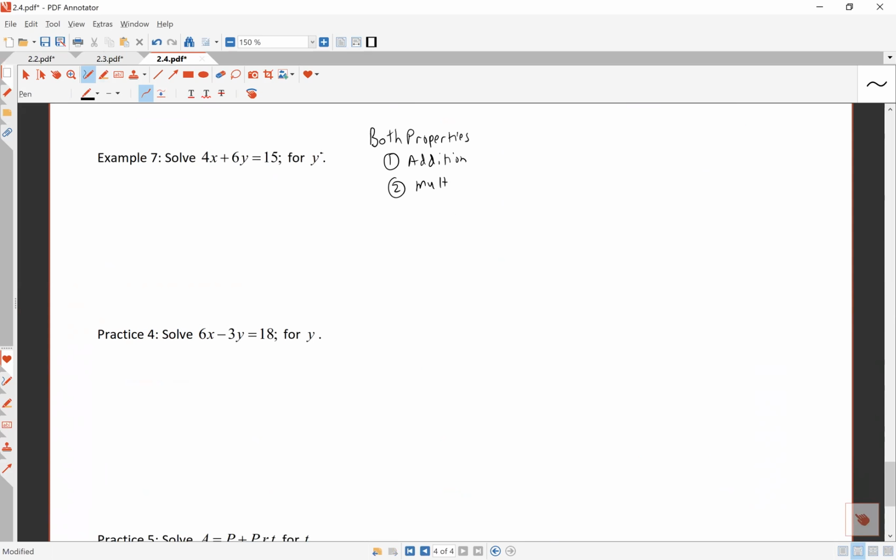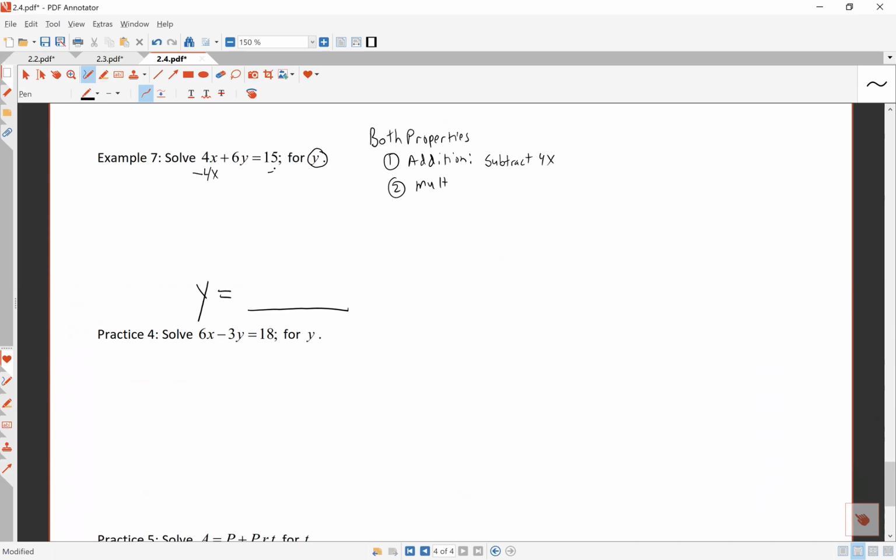If I want to solve for y, I know my end answer is going to have y on the left side and everything else that doesn't have a y on the right side. So that means I don't want to have a 4x next to the 6y. So I use the addition property of equality first, and we go ahead and add negative 4x, or what we like to say, subtract 4x from both sides.